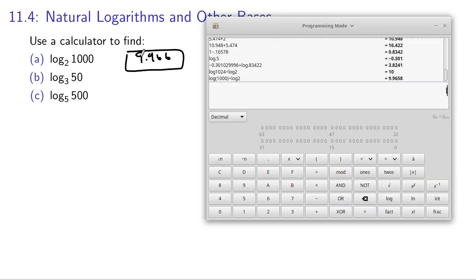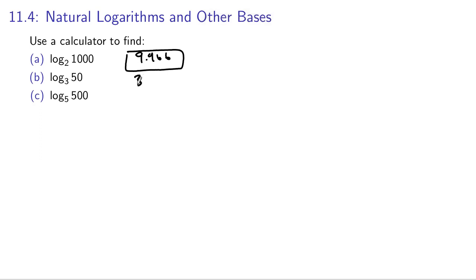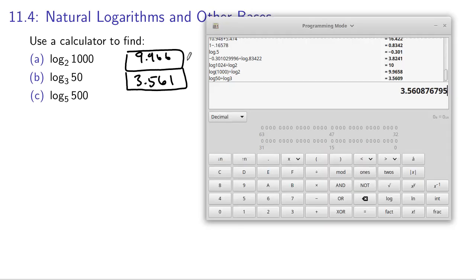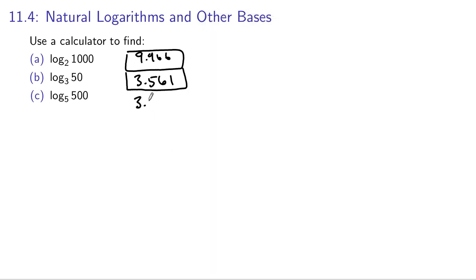So take log of 50, divide by log of 3, and we get 3.561 as the answer to part B. Part C, what's the log base 5 of 500? So log of 500 over log of 5, 3.861. So we have to raise 5 to around the 3.861 power to get 500.